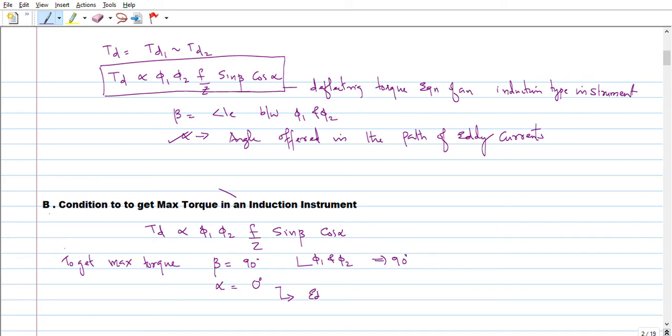Eddy current path must be resistive. Therefore, in order to get the maximum torque in an induction instrument, the eddy current path must be resistive.